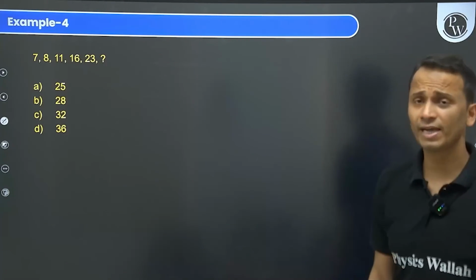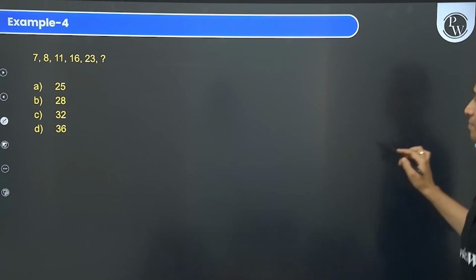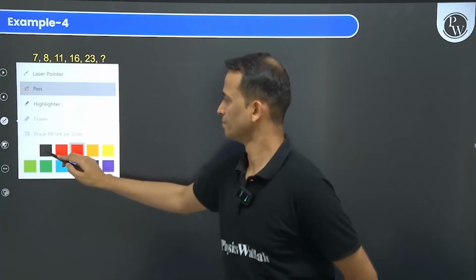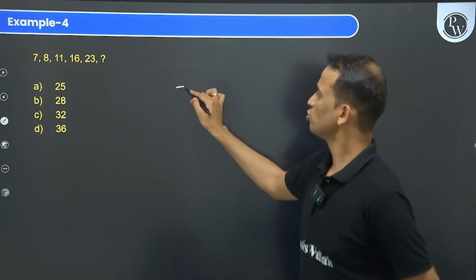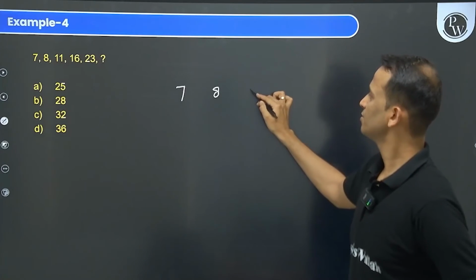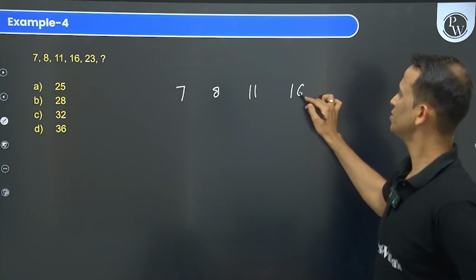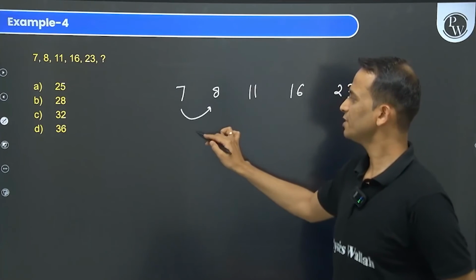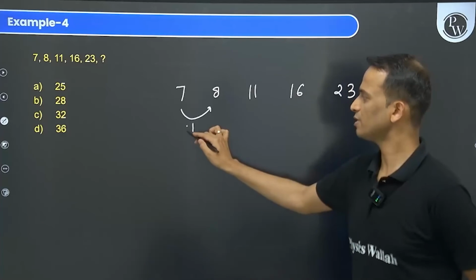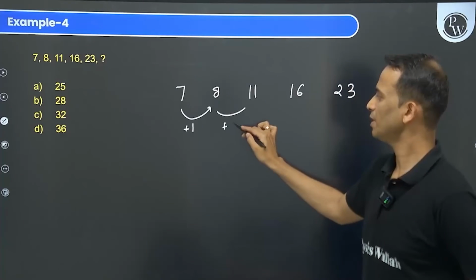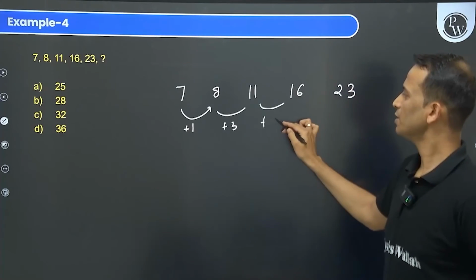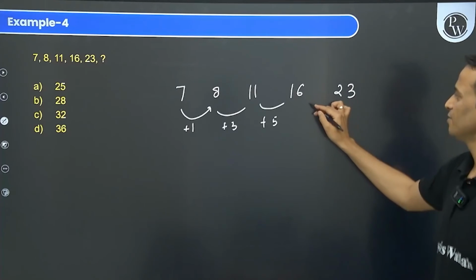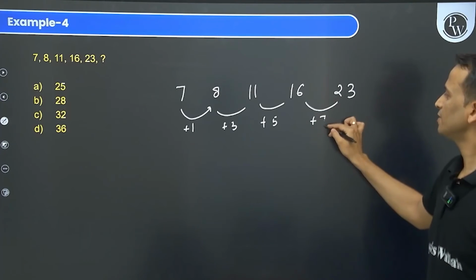Okay, so if I'll write these numbers, so 7, 8, 11, 16 and 23. Now यहाँ पे difference कितना है, 1 का, so +1, then +3, +5, +7.